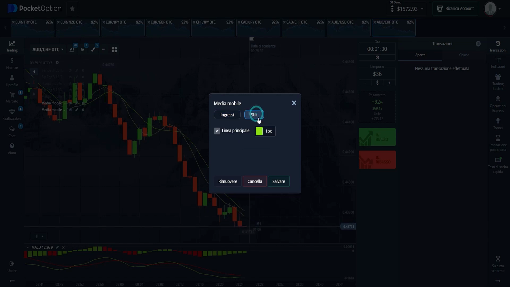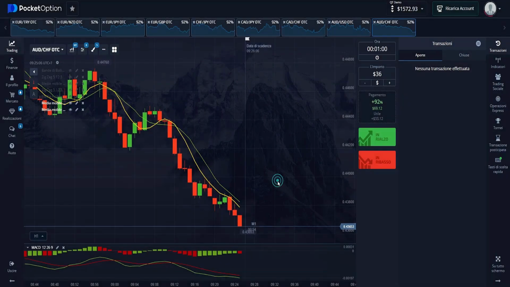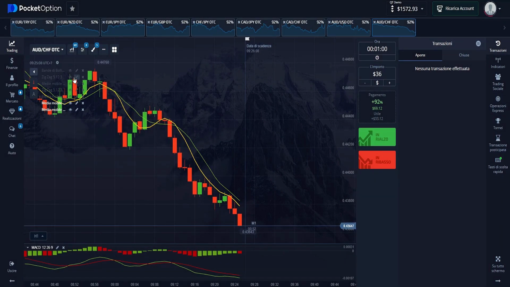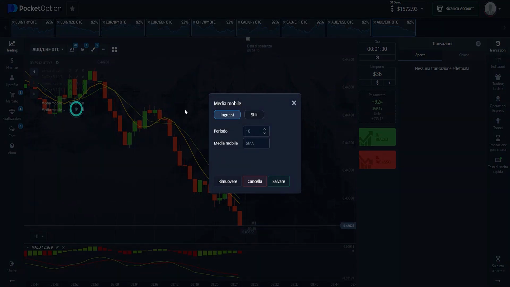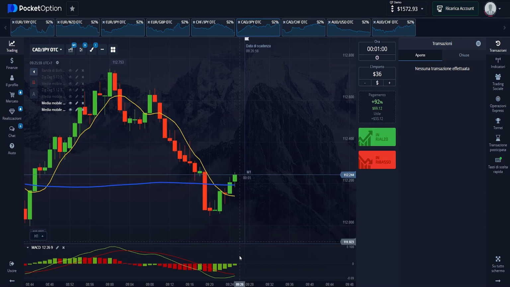One with 7 periods, yellow, and one with 200 periods, blue. Adjust the parameters according to the strategy instructions. Example of strategy.